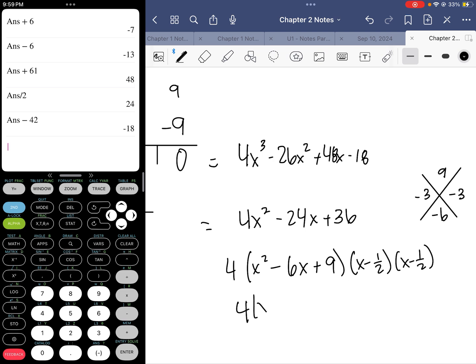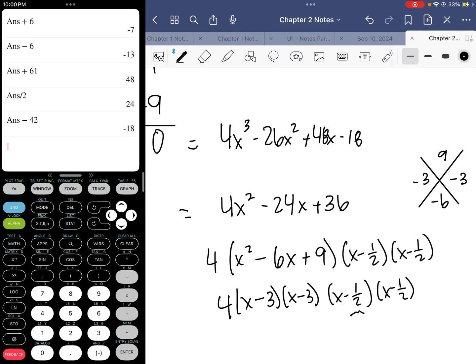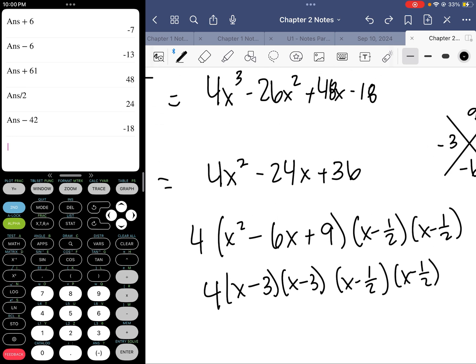So 4 times x minus 3 times x minus 3 times x minus 1/2 times x minus 1/2. So this is kind of a trick because we do not like to leave these fractions in here. It's very bad form to do so. So what we actually do is we say, okay, x minus 3, multiplicity 2 there.